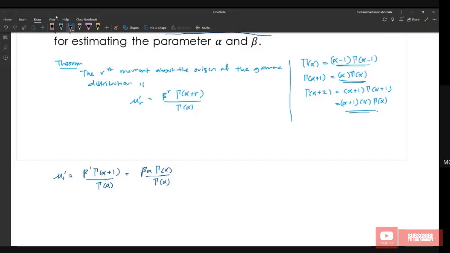Since gamma alpha plus 1 is equal to alpha multiplied with gamma alpha, this should be equal to alpha beta.